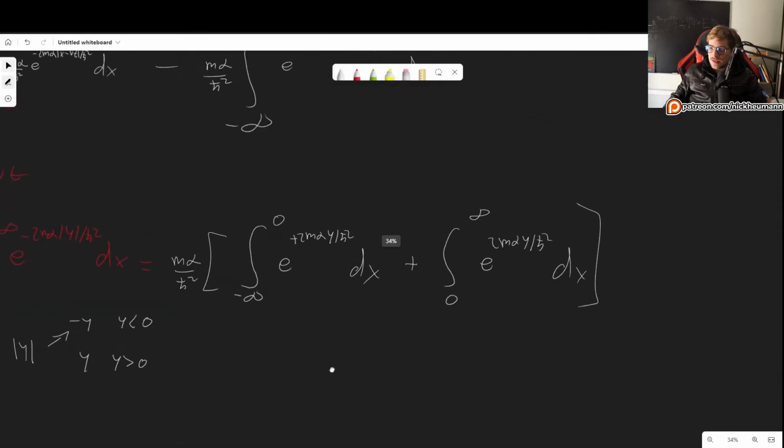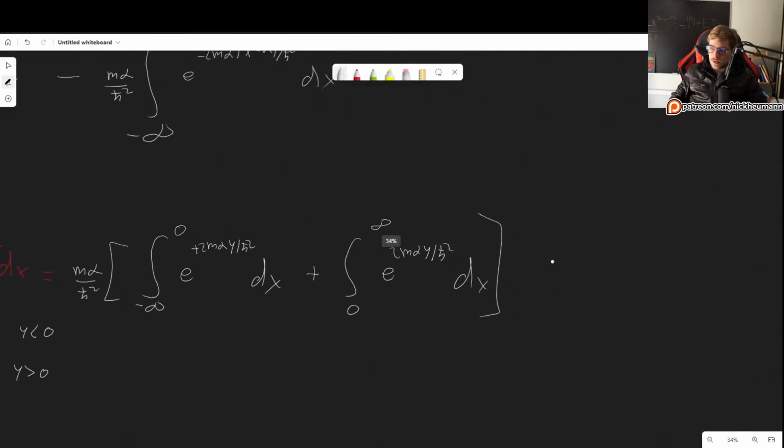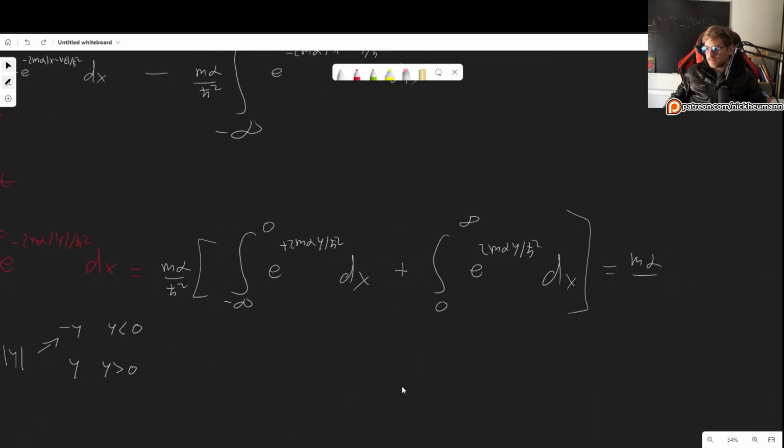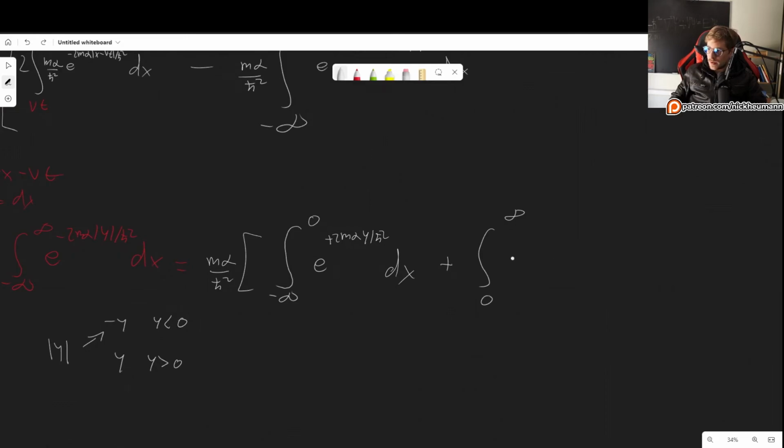And these integrals are now easy to solve. They are simply an exponential, right? So we get mα divided by ħ squared, and then e to the 2mα y over ħ squared, and the other one, e to the minus 2mα y divided by ħ squared dy.